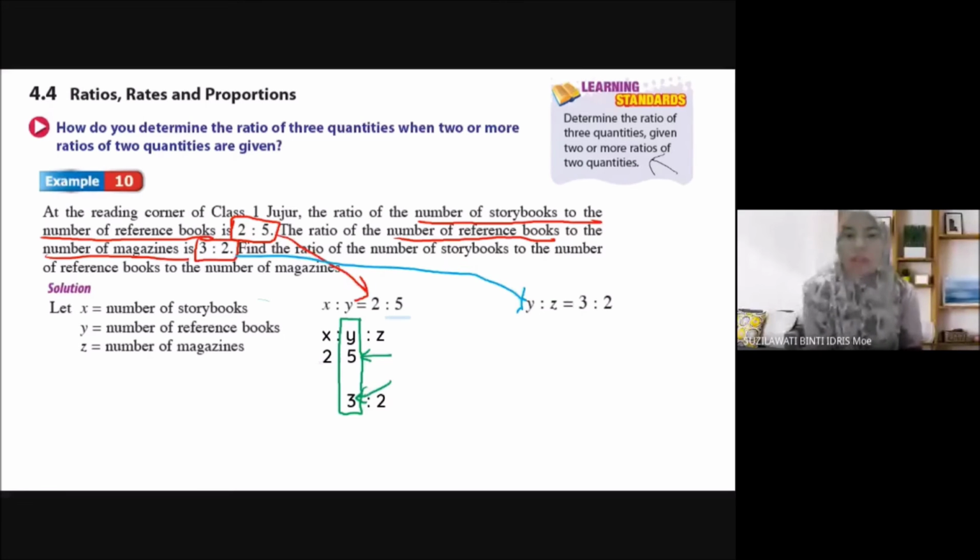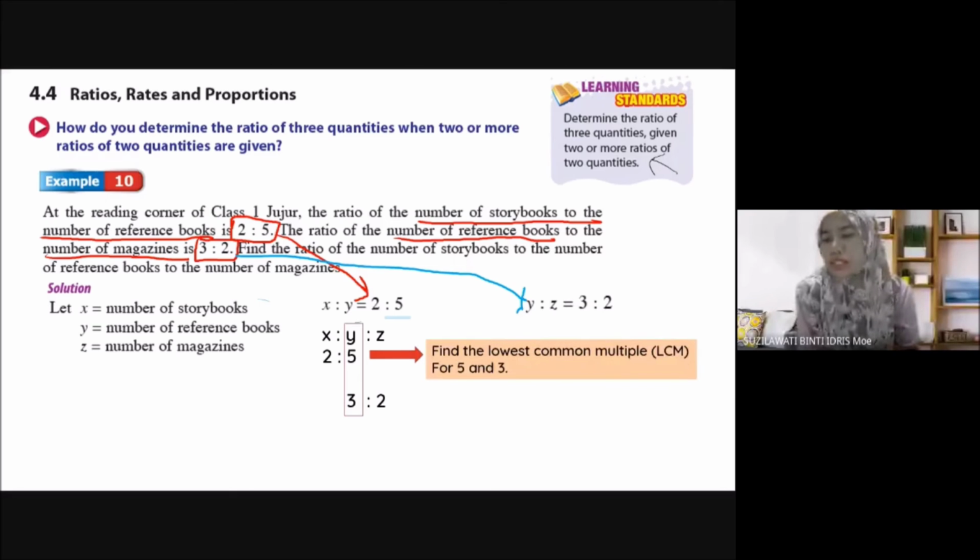What do we do if the values are different? We need to find the LCM for 5 and 3. Remember last time you learned? The LCM for 5 and 3 is 15, because 5 times 3 equals 15.